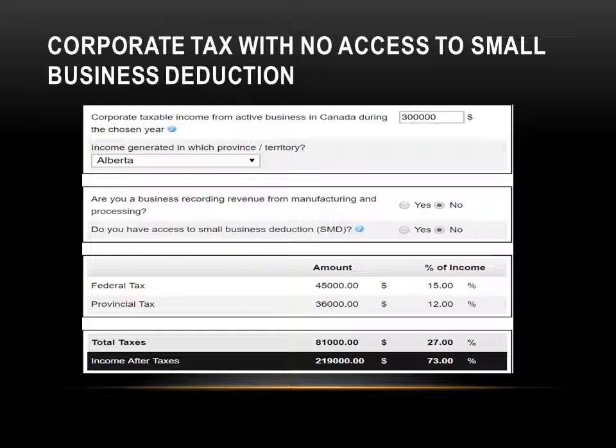So the total tax collected will be 81,000, which is 27% of the $300,000 of income. The net income of the company would be 219,000, or 73% of the total.